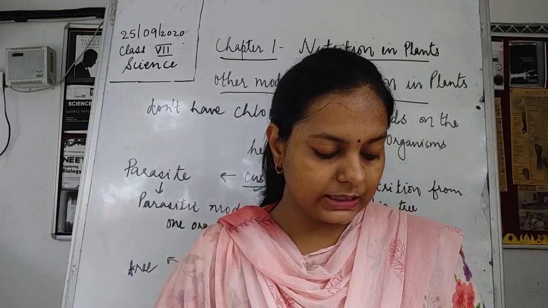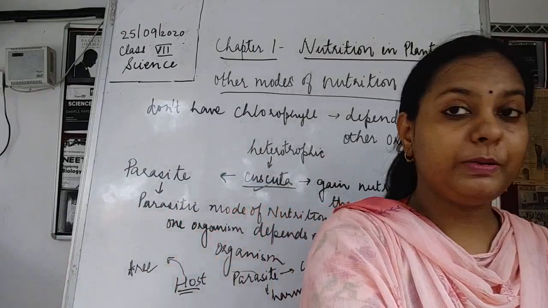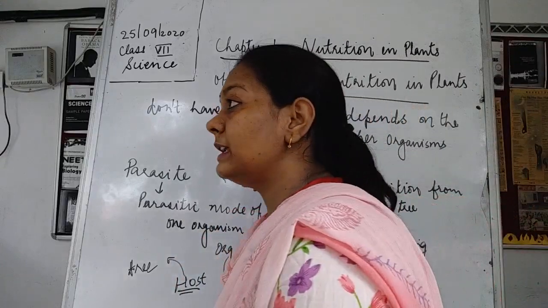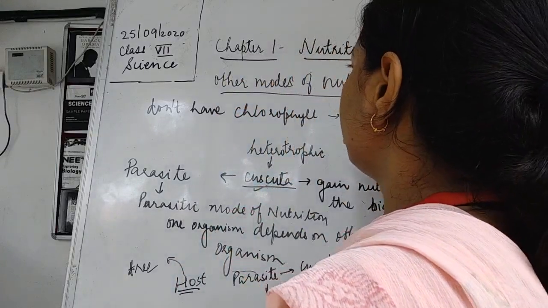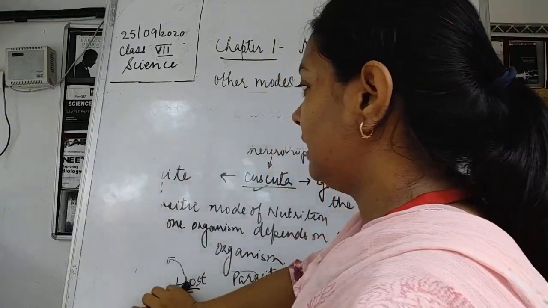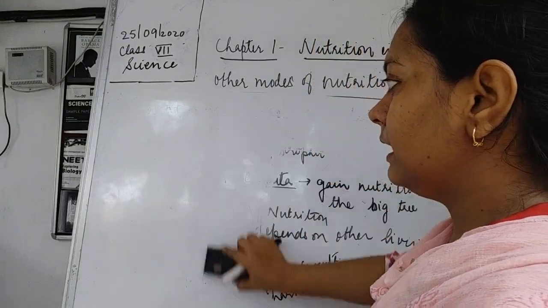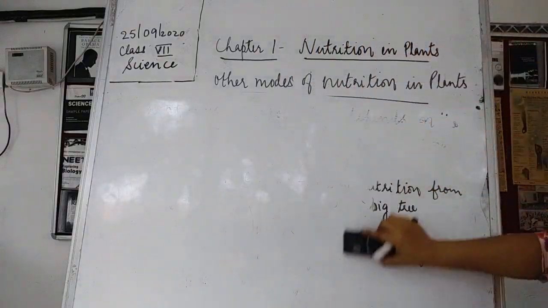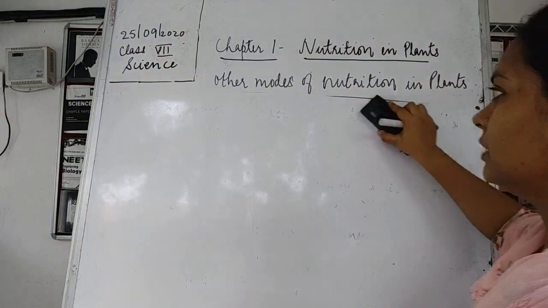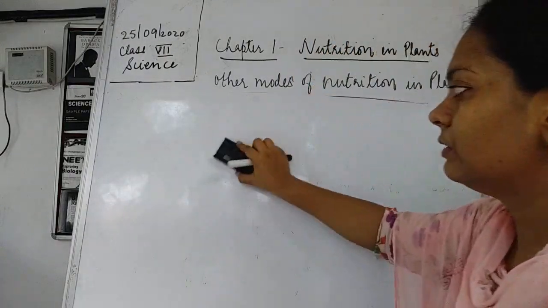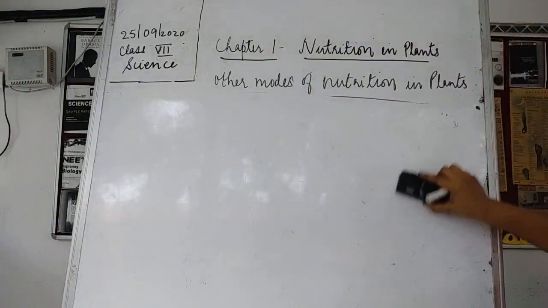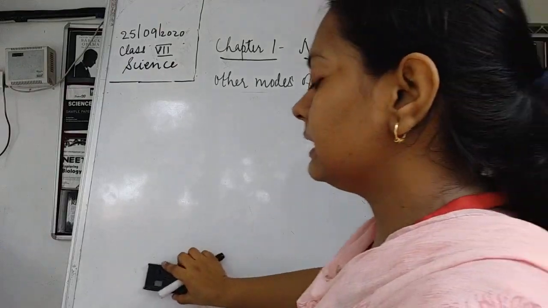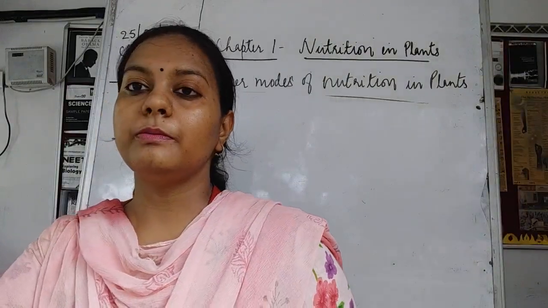Now have you ever seen or heard that a few plants eat animals? Some plants eat animals also. What are those plants known as? The animals in this case are small insects.